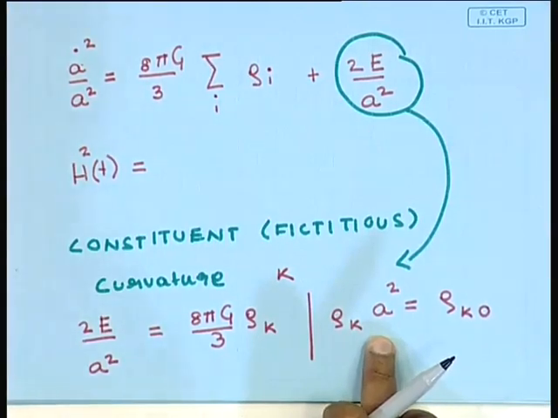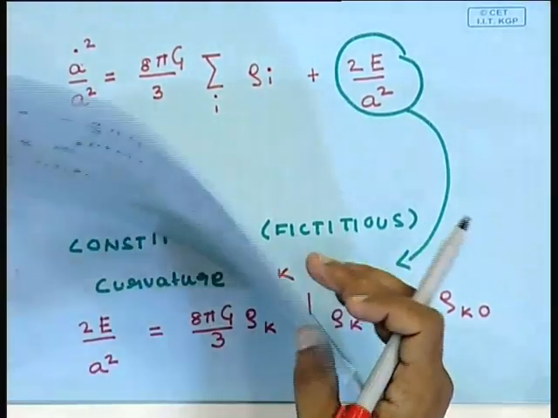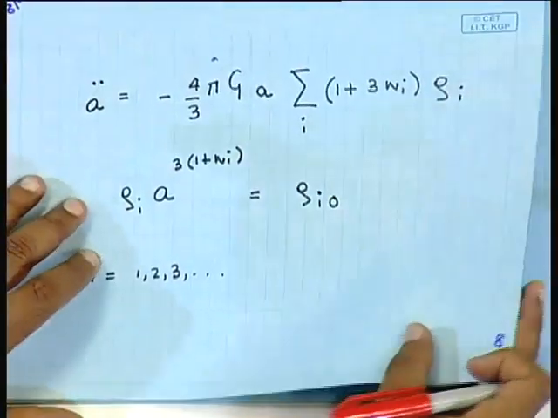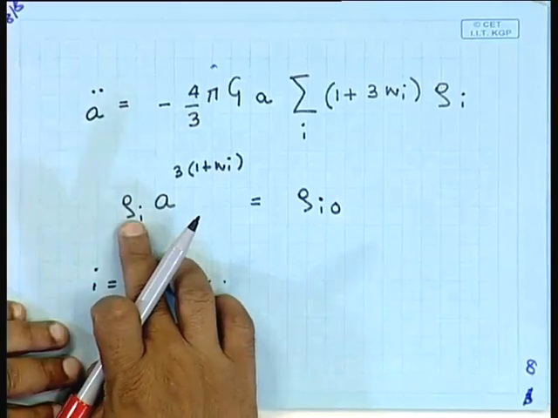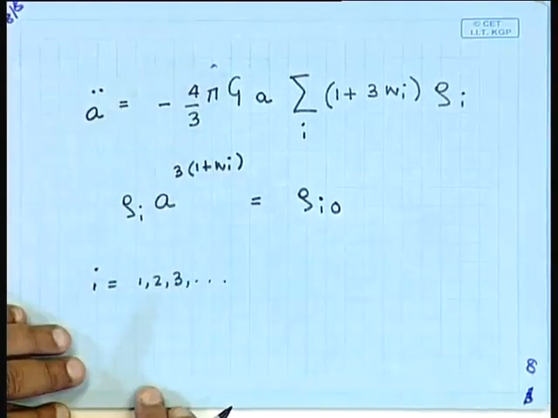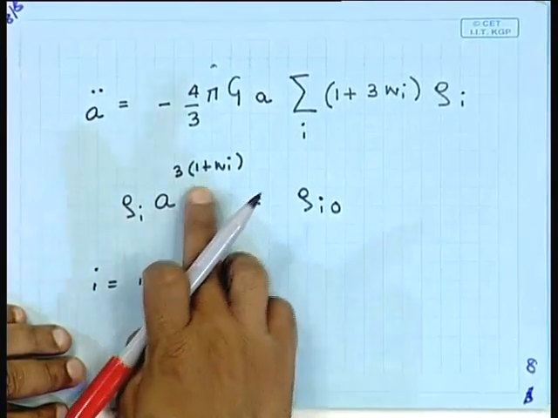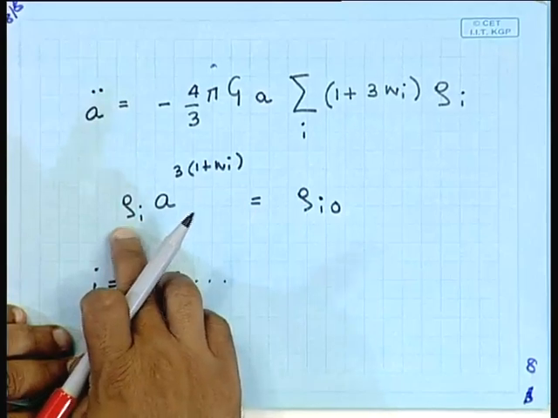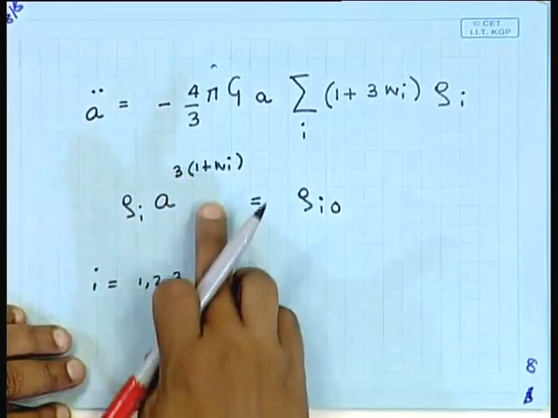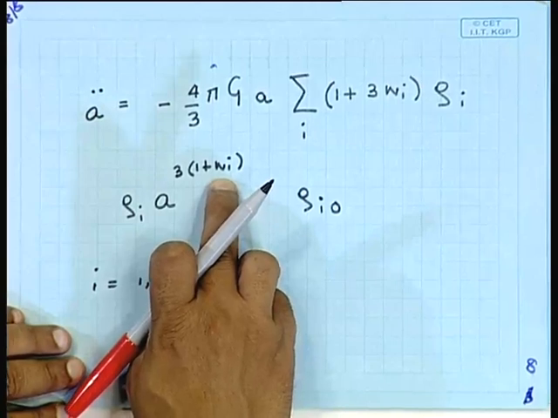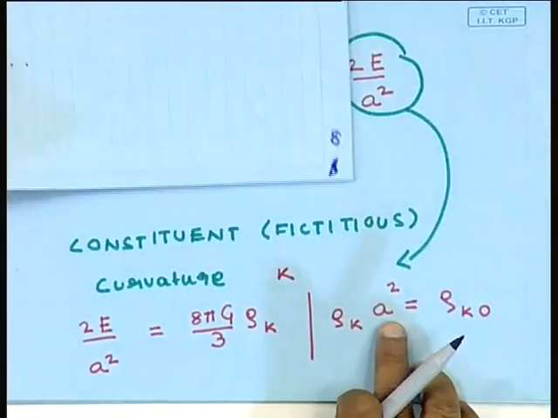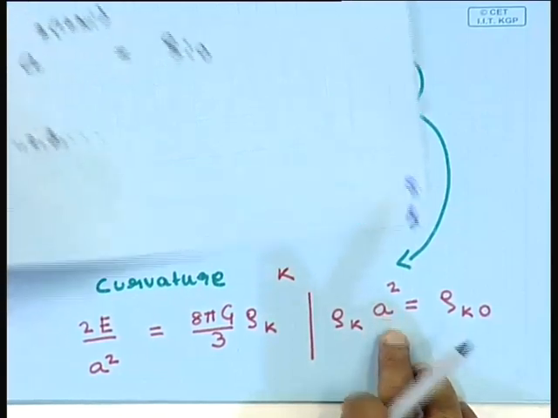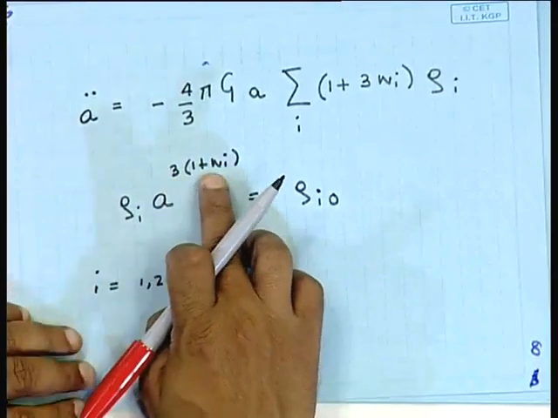So, we may ask the question, if I want to interpret the curvature component as some kind of matter with pressure, and with the expansion of the universe its density falls as a square, then what should be the value of this equation of state parameter W so that this condition is satisfied. So, we want 3 into 1 plus W to be 2.